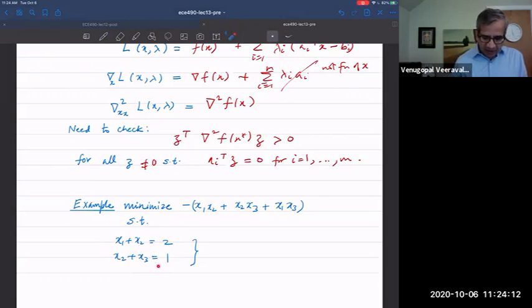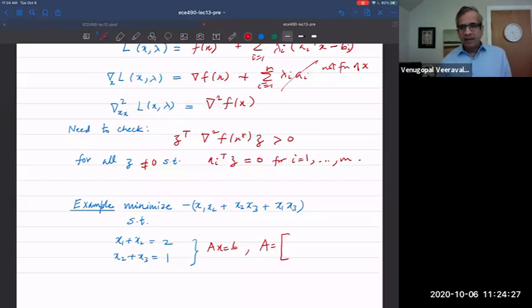We can write these linear constraints as A x equal to b, with A being a 2 by 3 matrix, 2 rows and 3 columns, since there are 3 values of x: 1, 1, 0, and 0, 1, 1.